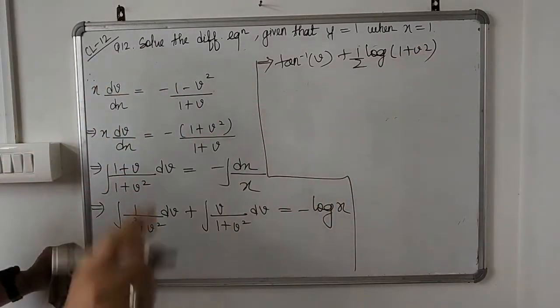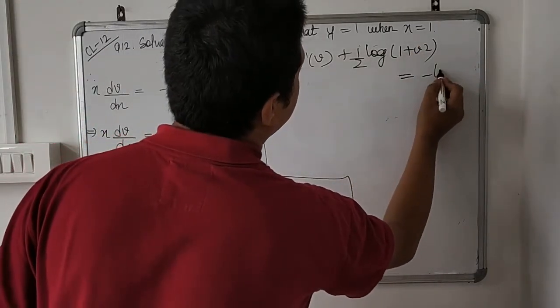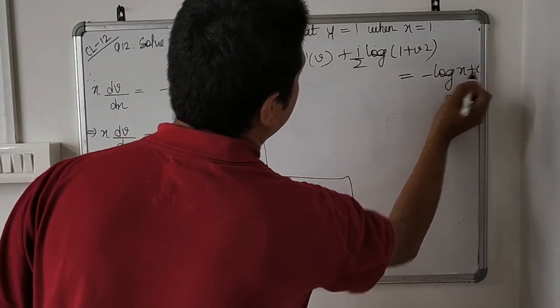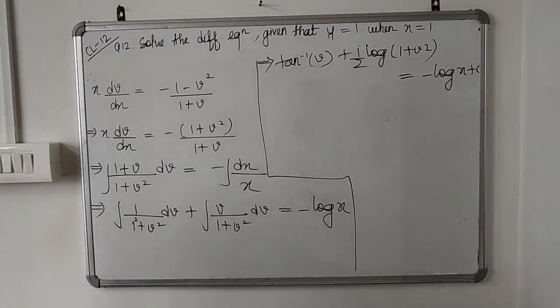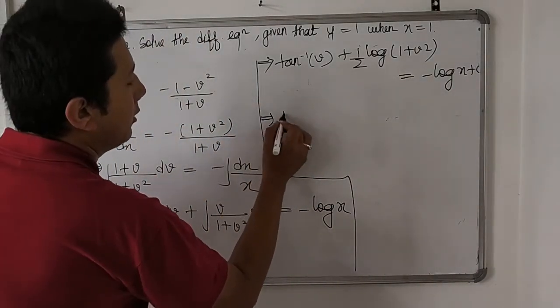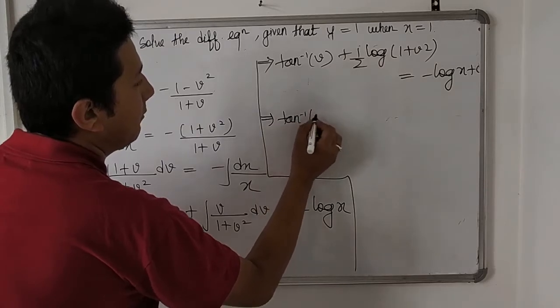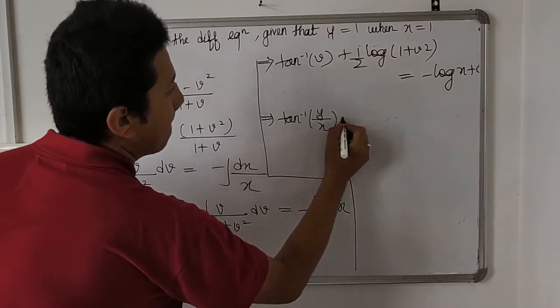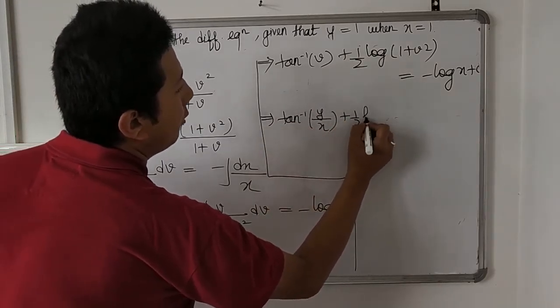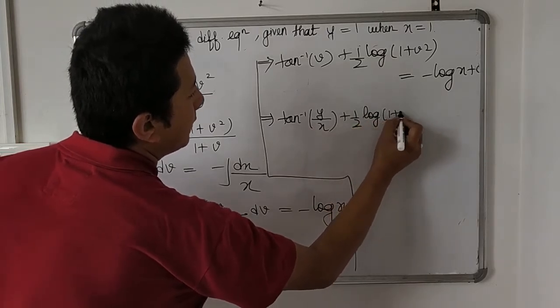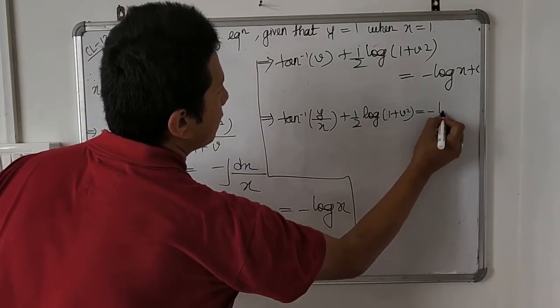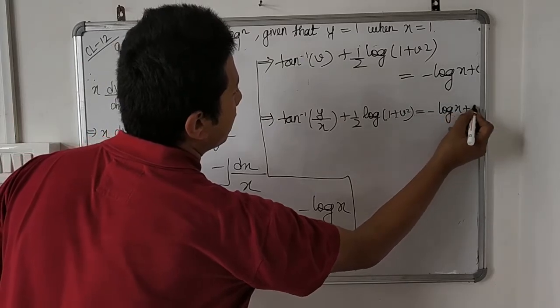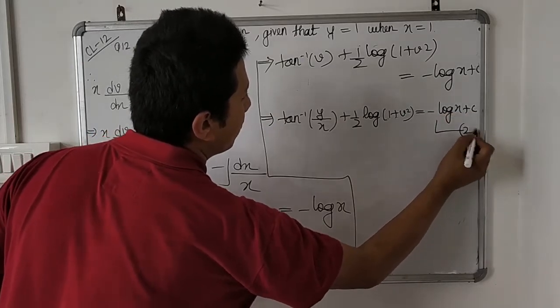I hope you are clear with this, is equal to minus log x plus c. Okay, let us simplify it more. So tan inverse v means tan inverse y by x, plus half log 1 plus v square is equal to minus log x plus constant c. Let us keep it as equation number 2.